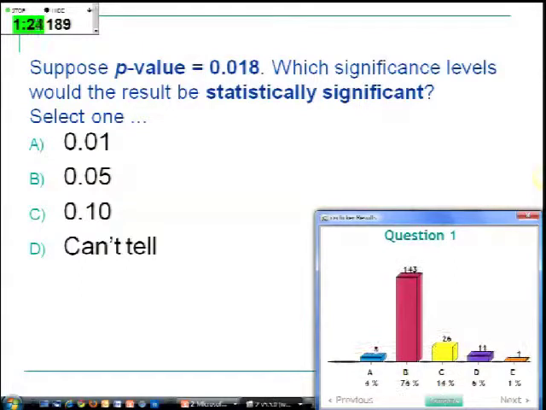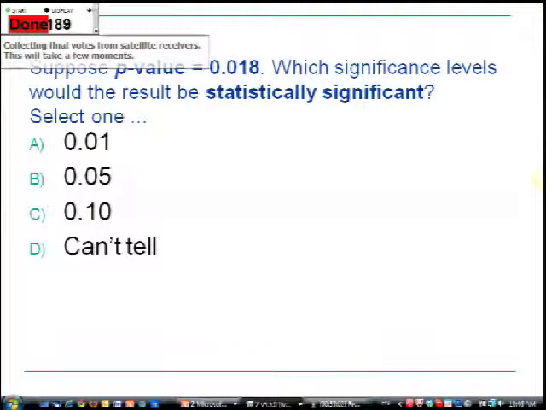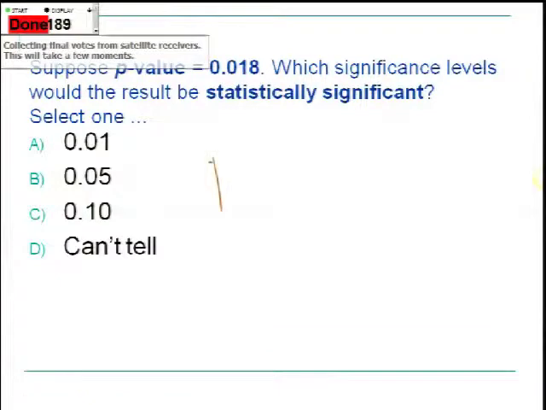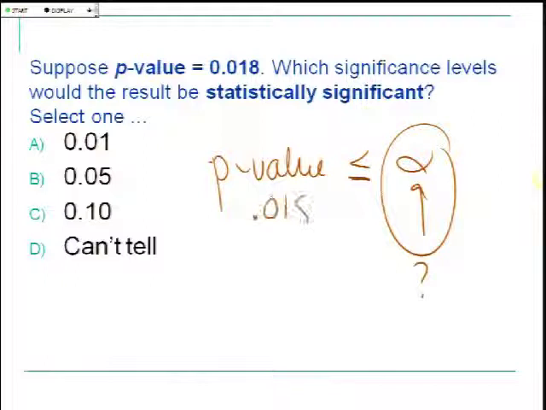And yes, you can tell. You're asking for which levels of alpha would you be statistically significant? What does it mean to be statistically significant? Your p-value is less than or equal to what? Which alphas could go here if your p-value is 0.018? I need something that's bigger or equal to 0.018.